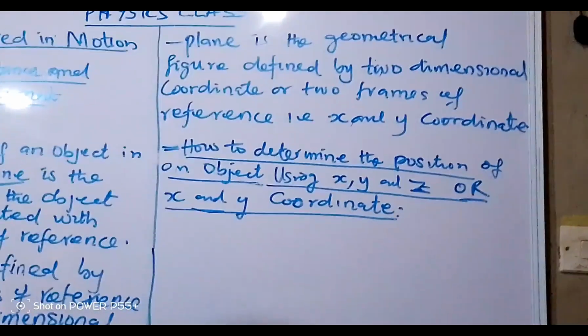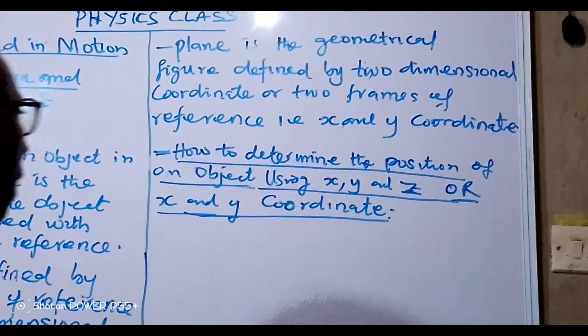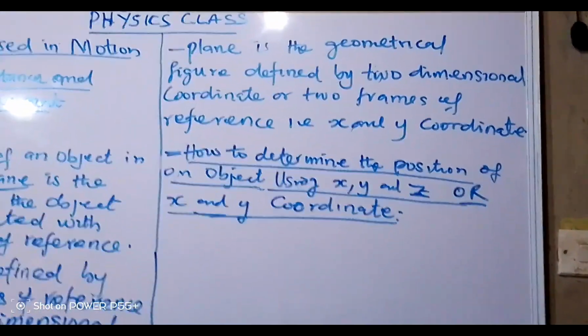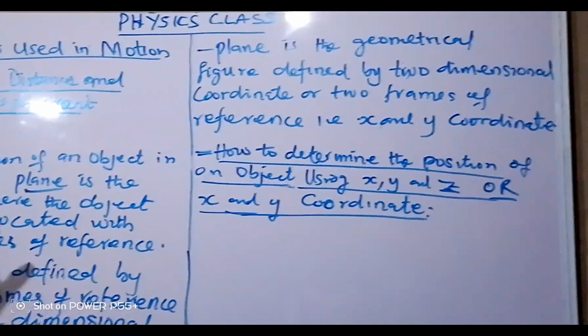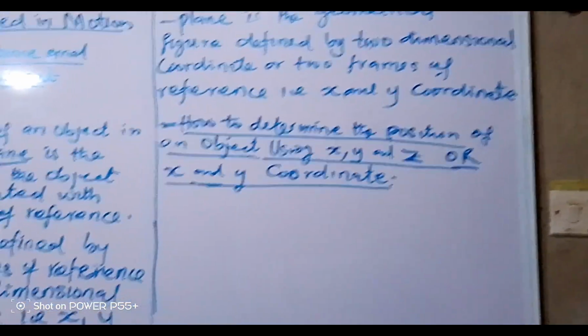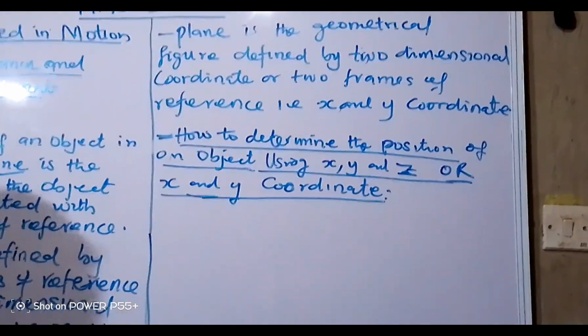Next is how to determine the position of an object using the X, Y, and Z coordinate system or X and Y coordinate. As I said, space involves 3 coordinates, while plane involves 2-dimensional coordinate.